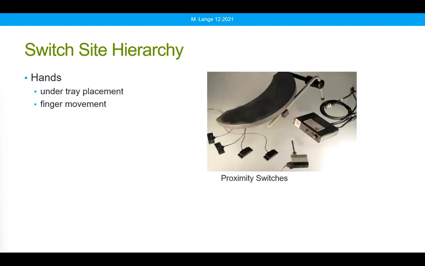If someone's using their hand activated switch, sometimes it can help to place switches like these proximity switches underneath a tray, because now I don't need the strength to lift up and over a switch surface. I can just slide over the surface of the tray, and that requires less activation distance at times because I don't have to get up and over something, and less force.